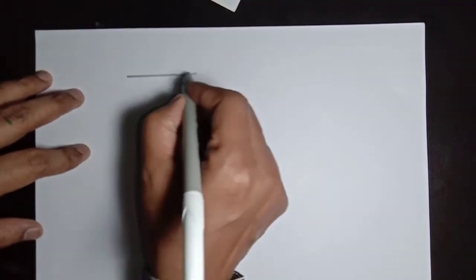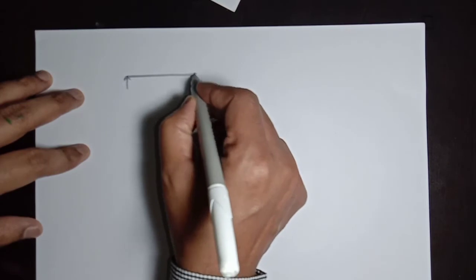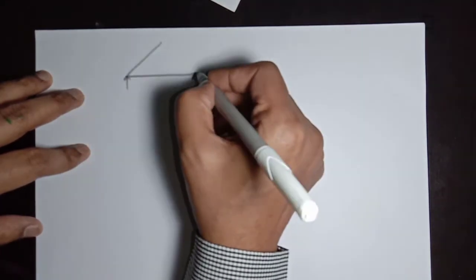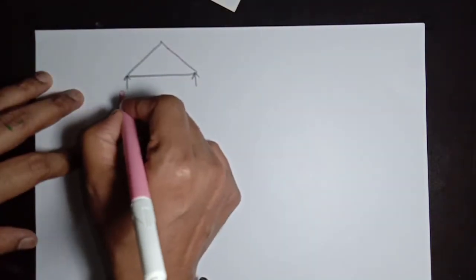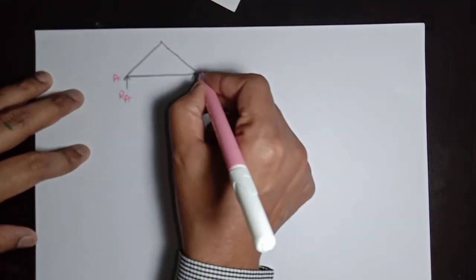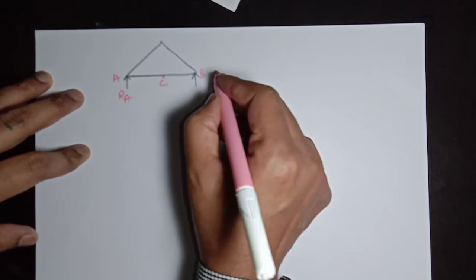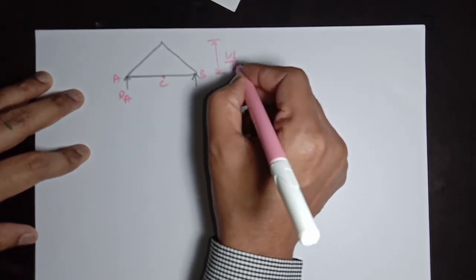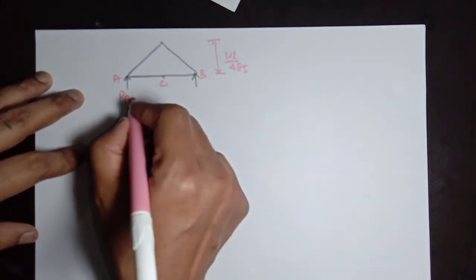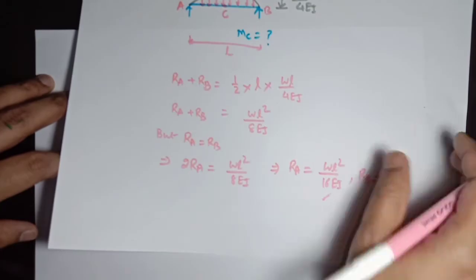Now the beam is here, with RA, since this point is A, this point is B, and this point is C. This value is given as WL divided by 4EI, and RA, as we calculated here, is WL square divided by 16EI.